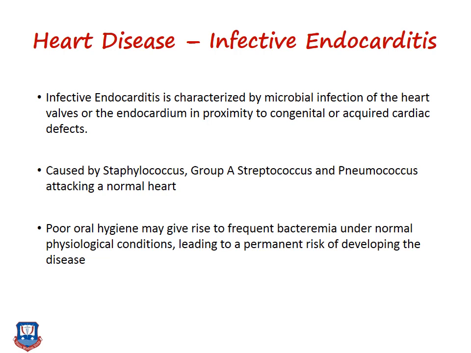So if a child has congenital or acquired cardiac defects, microorganisms come and infect the heart valves. Which are these microorganisms? They are Staphylococcus, group A Streptococcus and Pneumococcus, which attack a normal heart.